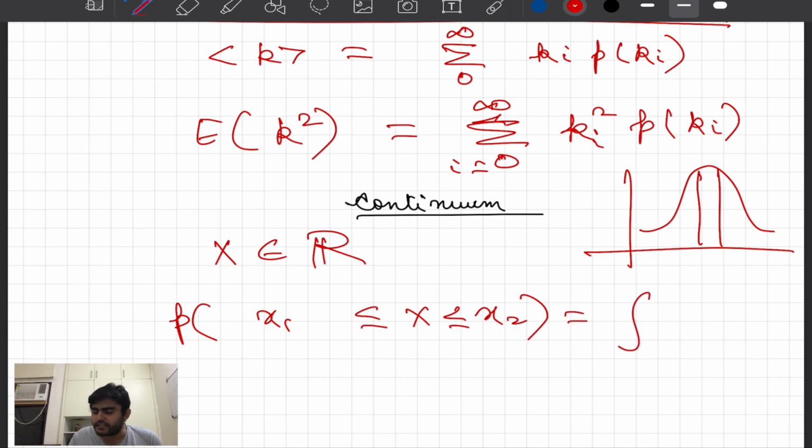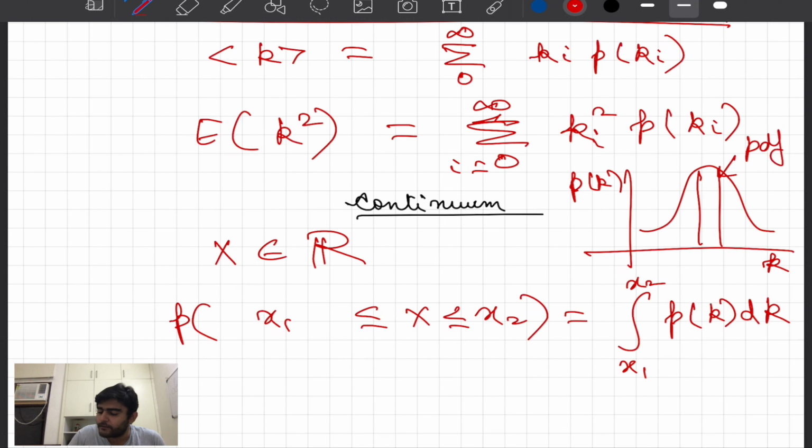Hence we simply replace this summation by the integral, from x1 to x2, of the probability of k, with respect to dk.